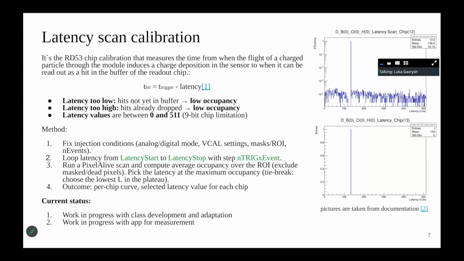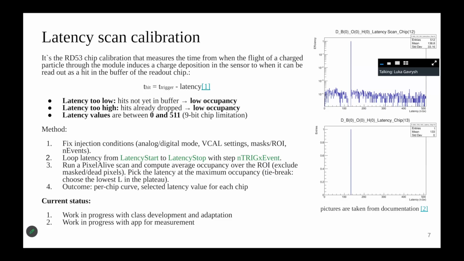So we can think of it as aligning two clocks, the hit time and the trigger time. For a chosen latency, we effectively have a strict formula: time of hit equals the time of trigger arrival minus the latency.